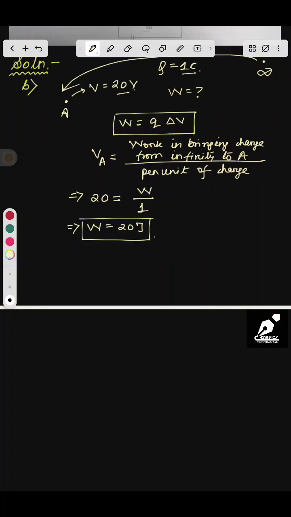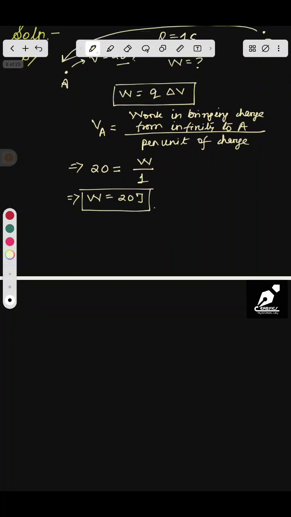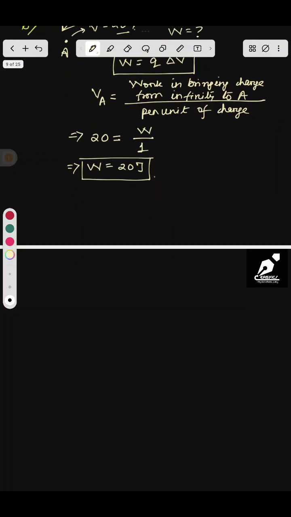This formula generally we do not see at the class 10th level. This belongs to chapter 2, electric field and potential of class 12, where we talk about potentials in much more detail. The actual formula is V at any point A minus V at infinity.